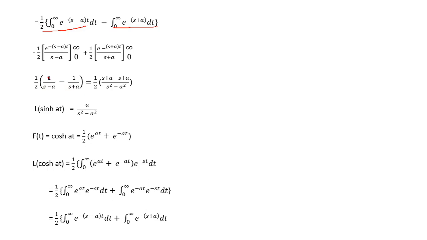So therefore we are now having it as half into bracket 1 over s minus a minus 1 over s plus a. Now, don't forget we have a negative sign here.